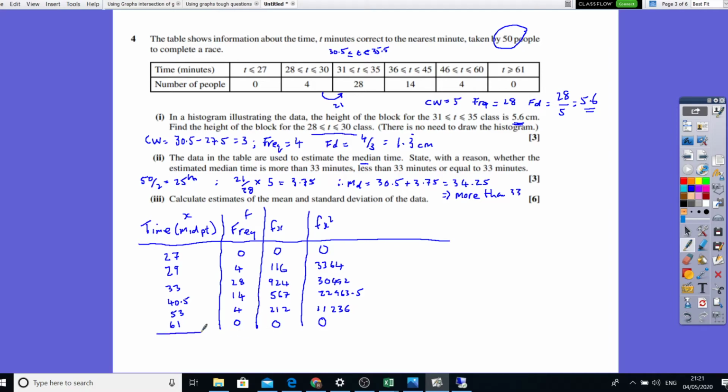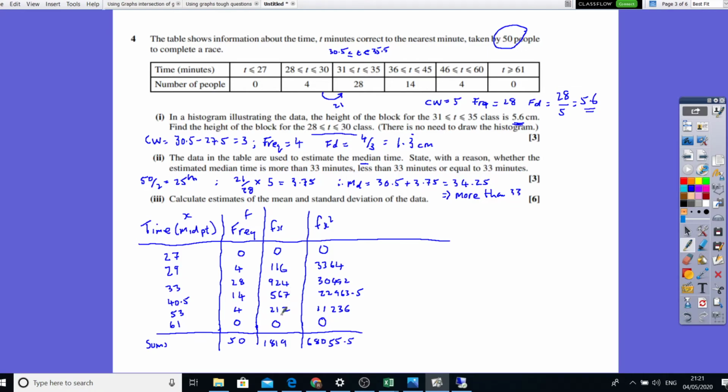Now, if I sum these values up, I'm going to put here the line. I'm going to put the sums. The sum of frequency, obviously we know that's given in the question, is 50. The sum of fx is 1819, and the sum of fx squared is going to equal 68055.5.